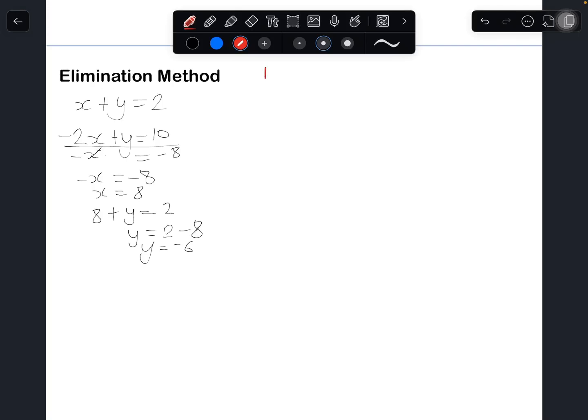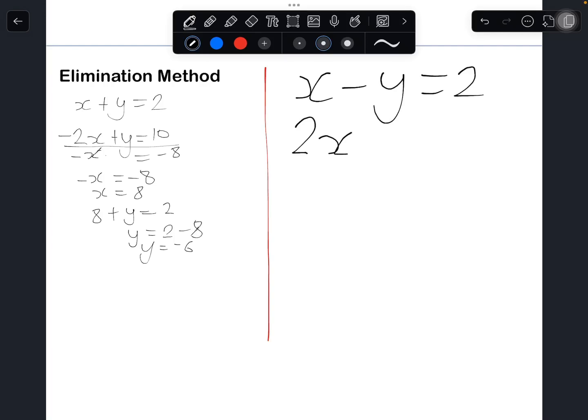Another case may be when we have x minus y equals 2, and then we have 2x plus y equals 10. The difference here is that instead of this being positive, it's now a negative.